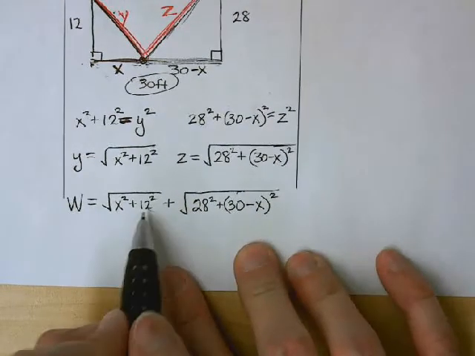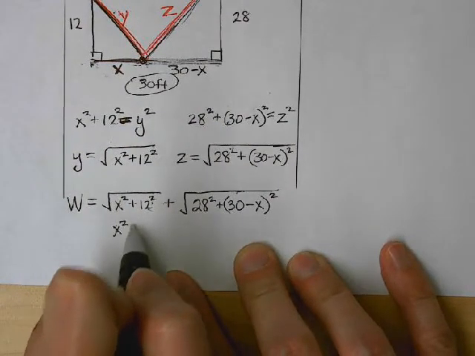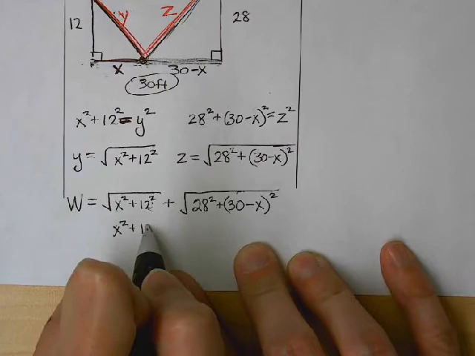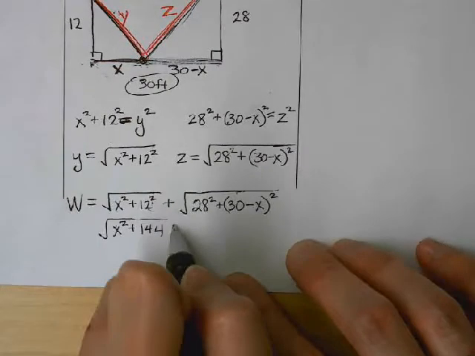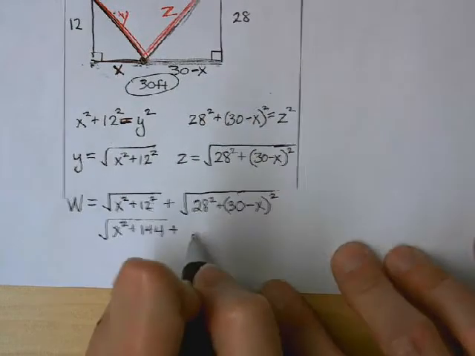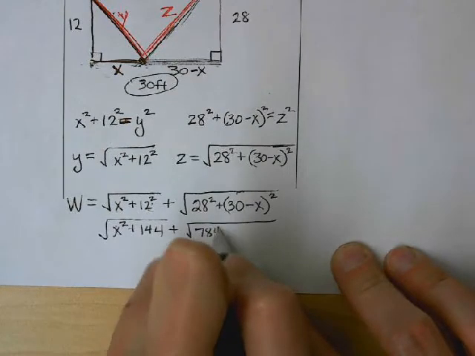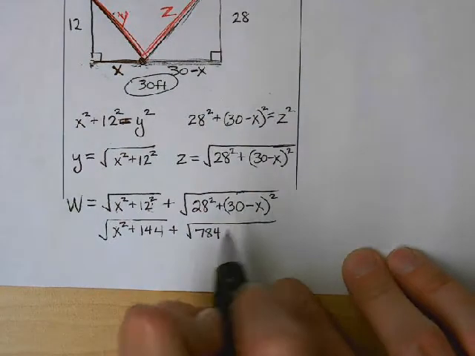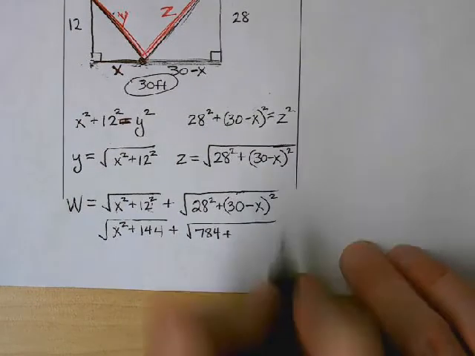Okay, we could actually take 12 squared, right? So we'd have x squared plus 144. Okay, let's see what 28 squared is. 28 squared is 784. And so, these take a while to do. So you have to work this out.